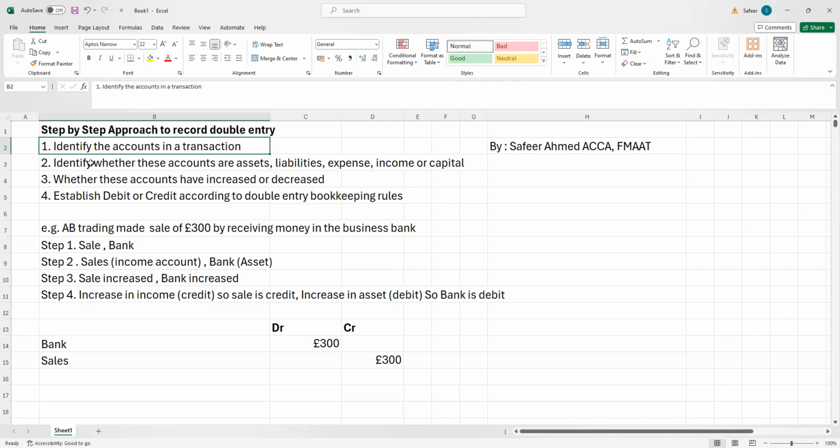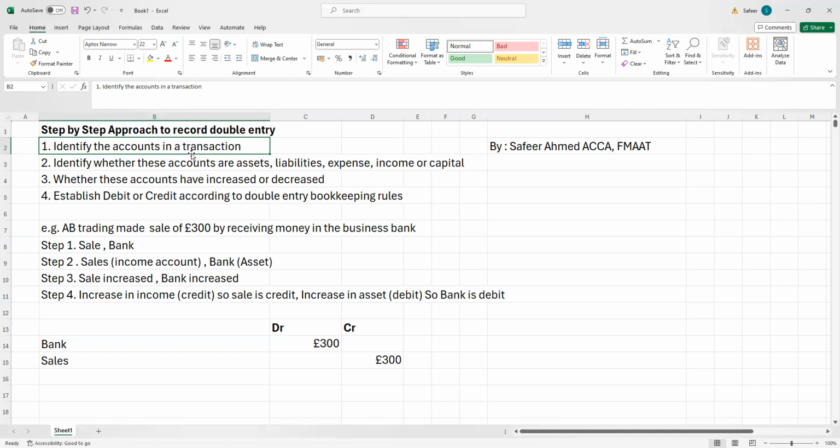So the very first step is that you identify what are the accounts in a transaction, in a financial transaction, of course. Now remember, a transaction is a deal between two parties. So that's how we define a transaction. And a financial transaction is a deal between two parties that involves money.